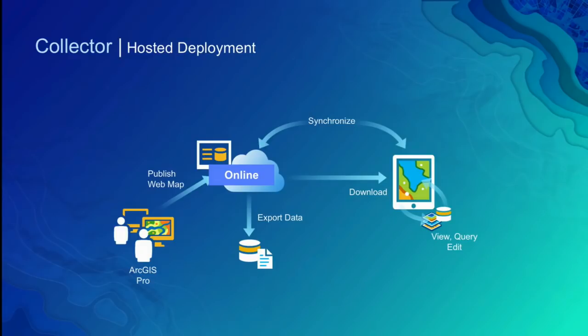The thing to think about there is all that information's being managed in the cloud. If you want to bring it back into your production database, you need to get it back out. Right now, you need to export that data out. You can export it out to a file geodatabase that'll bring all the photos and everything along with it.